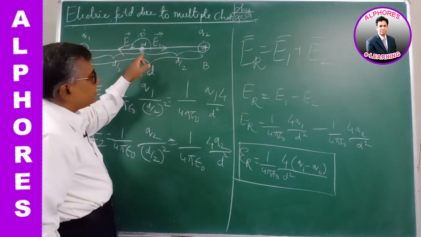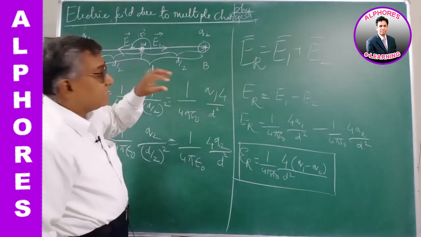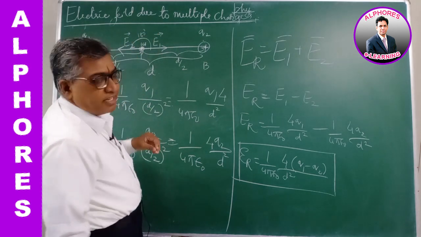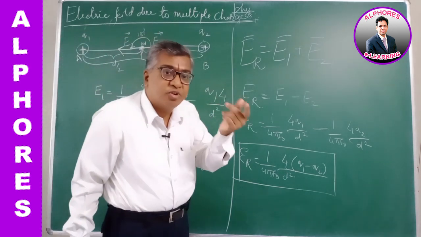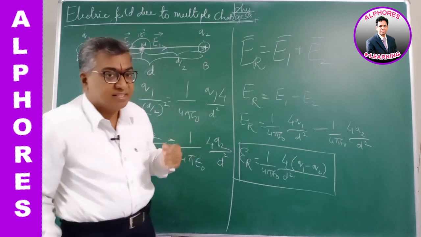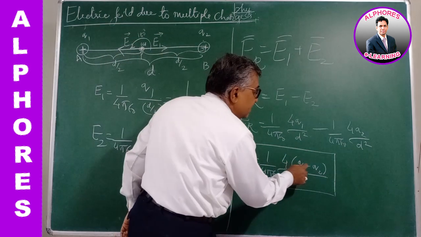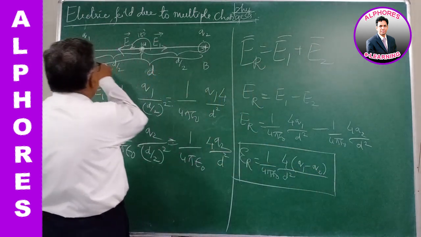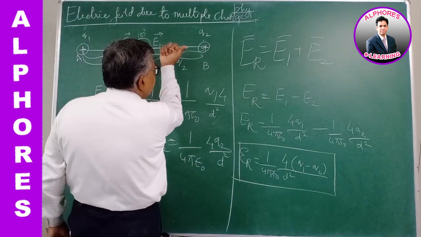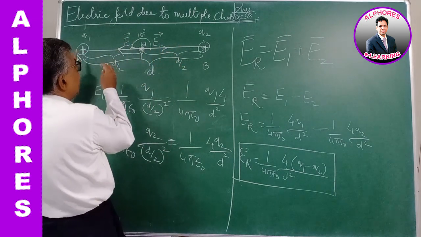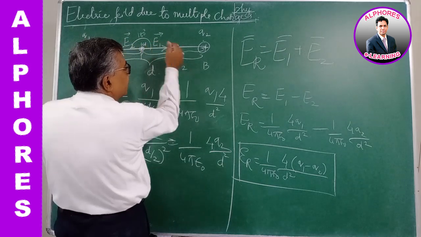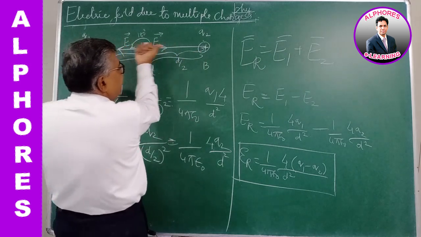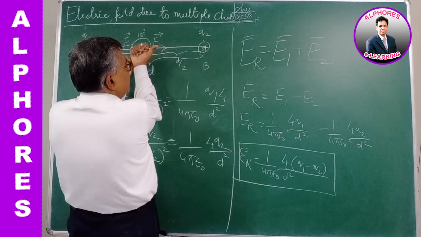The resultant of these both depends upon the individual magnitudes of E1 and E2. Suppose Q1 is greater than Q2, so Q1 is more, then the field due to Q1 will be more. Distance is same. If Q1 is more, field due to E1 is more. Q2 less, field is less. So E1 is bigger than E2, so the dominant is E1.